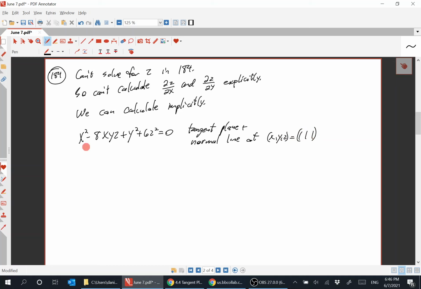So notice if you put in x equal to 1, y equal to 1, z equal to 1, these three terms give you 8, and then x, y, and z are all 1, minus 8 is 0.